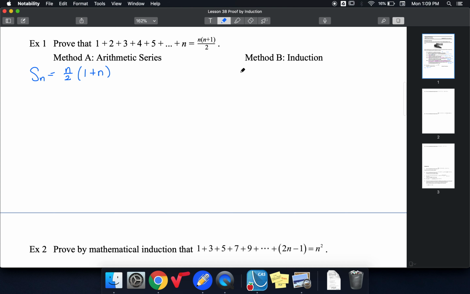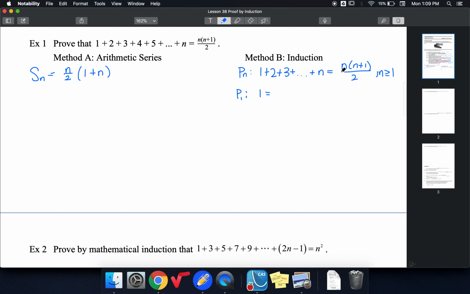Well, let's go with induction. My P sub n statement is that 1 plus 2 plus 3 plus up to n is equal to n times n plus 1 over 2. This is my statement that I want to prove to be true. This statement starts for n values greater than or equal to 1. My P sub 1 statement is that on the left side, we're just going with one term.